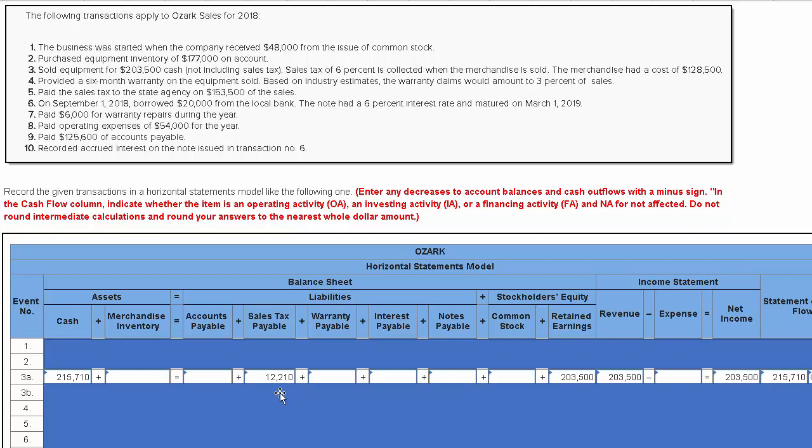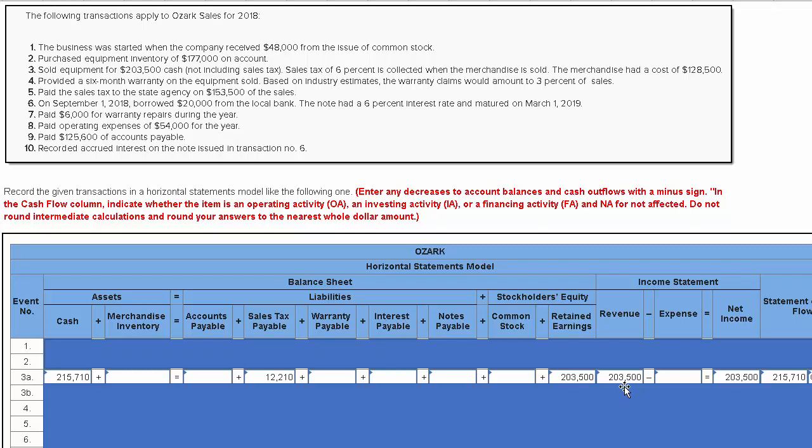Now, why does that increase? Because we collect the money from the customer, but we've established the liability, and the liability stands on our books until we submit those funds to the appropriate authorities. Okay, now, the next thing we have to think through is how much were revenues. Well, revenues came to the $203,500 of the selling price.